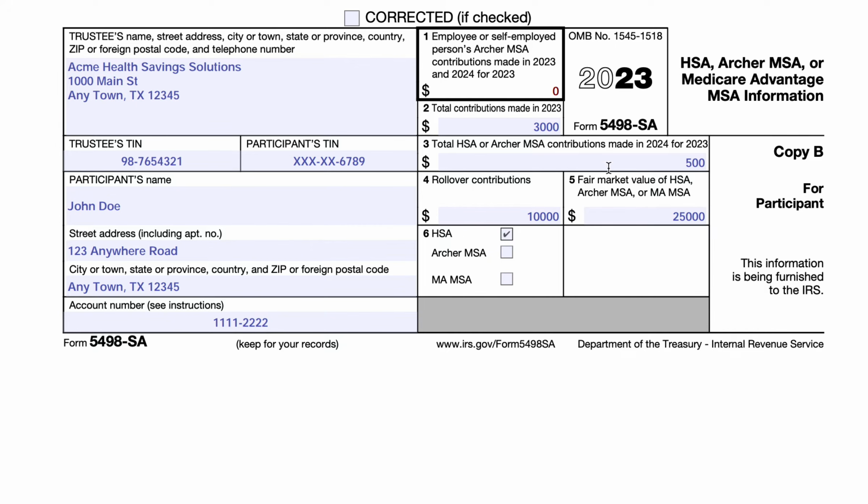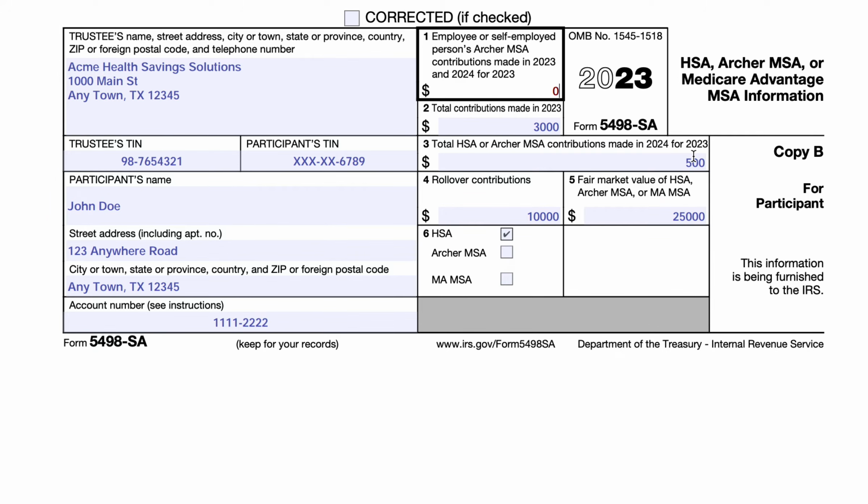So in this case, it looks like John Doe made $3,000 of total contributions for his HSA. That also includes, so I apologize, in box 2, the $3,000 would also include any contributions made in 2023 for the 2022 tax year.